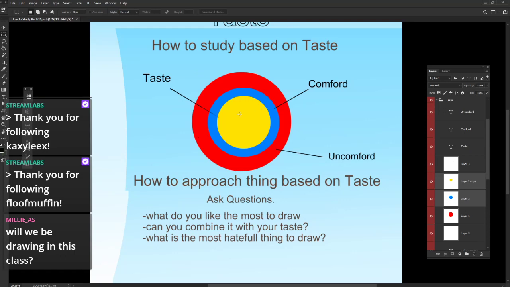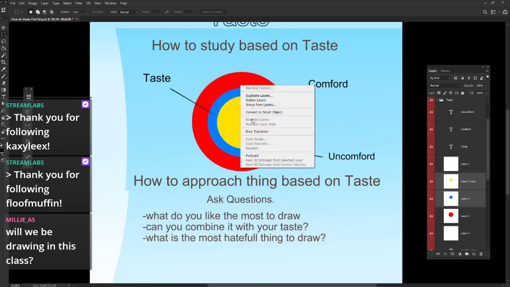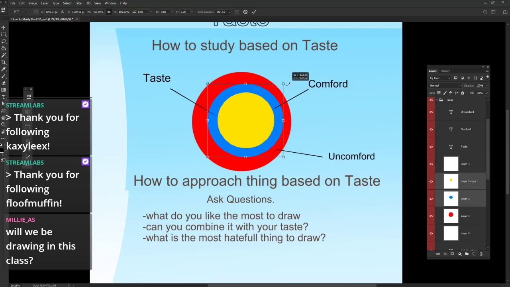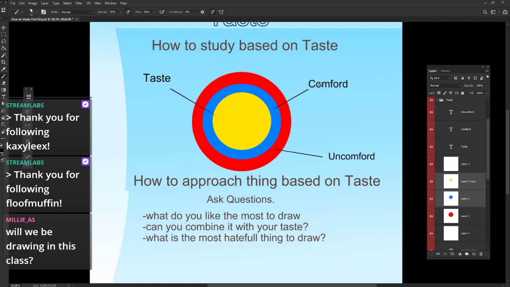To keep both taste and comfort higher, we sometimes need to tackle the uncomfort zone, which for me, for example, is characters. I dislike drawing sci-fi characters, or I dislike drawing spaceships. But in order to improve and make it into my comfort zone, I need taste to overcome that decision.